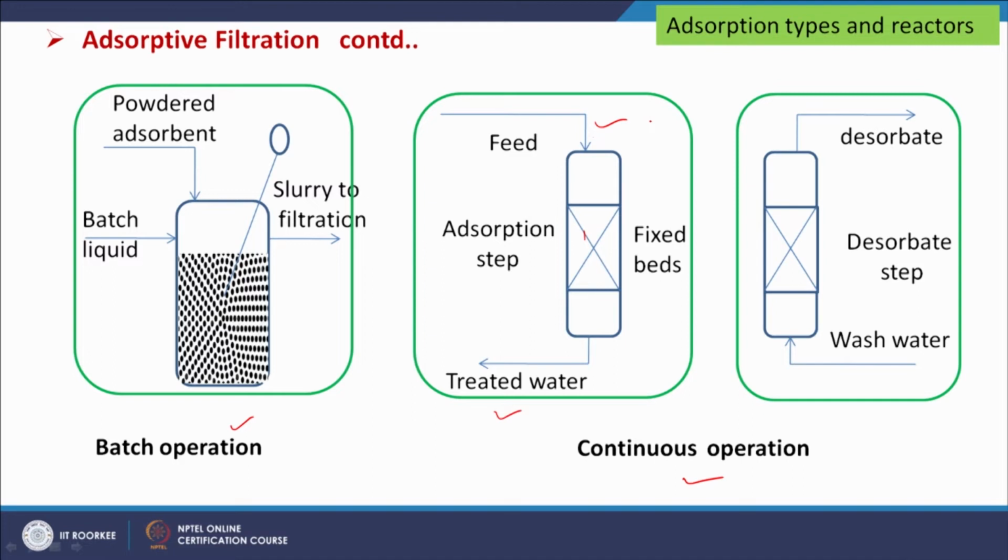So, this is the continuous operation and this is our batch operation. From the application point of view we go for continuous operation, and for basic understanding of the process, whether a particular pollutant will be removed by a particular type of adsorbent or not, what the residence time requirement will be and what the specific capacity is, all those things we can determine at batch scale.